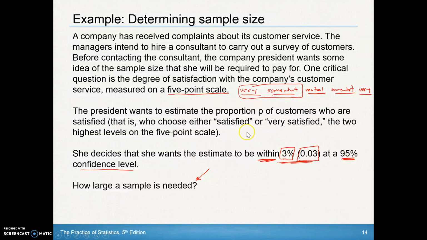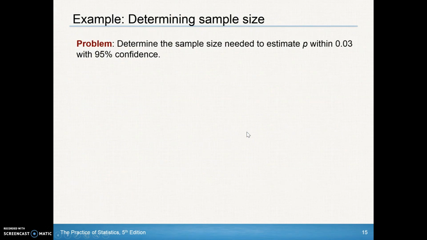So, how do we do this? So again, the problem is to determine the n needed to estimate p within 0.03. So that's going to be our margin of error with a 95% confidence. So that would be a z-star, as you remember from our last lessons, of 1.96.